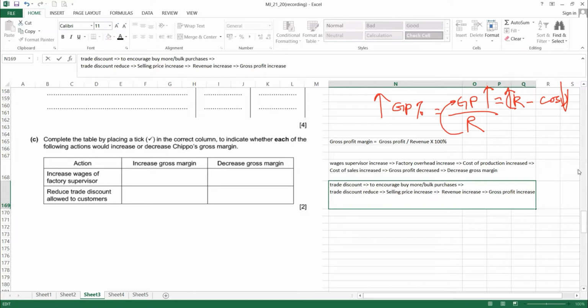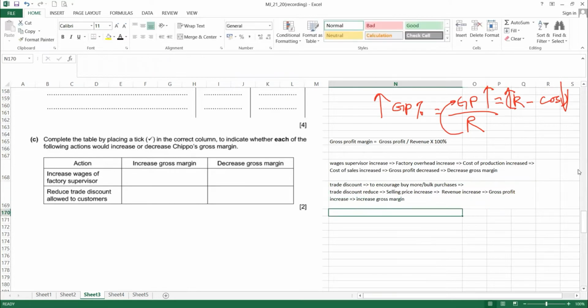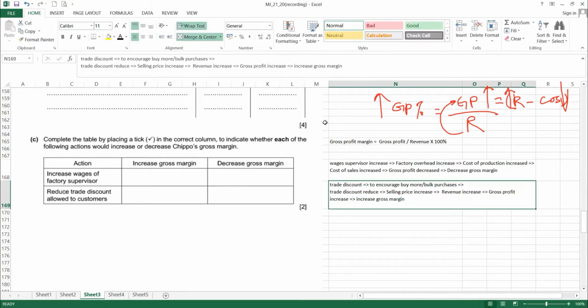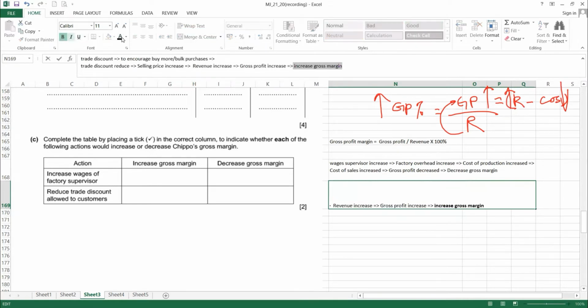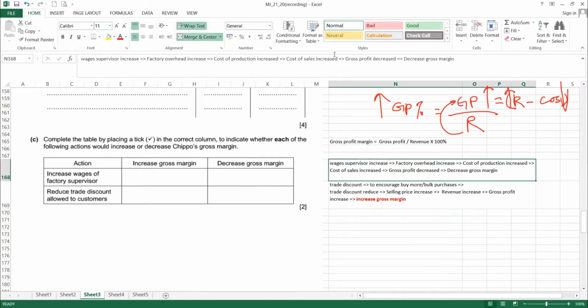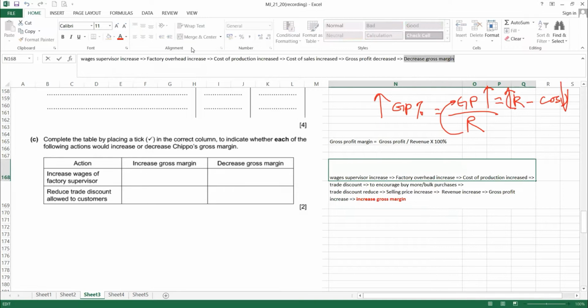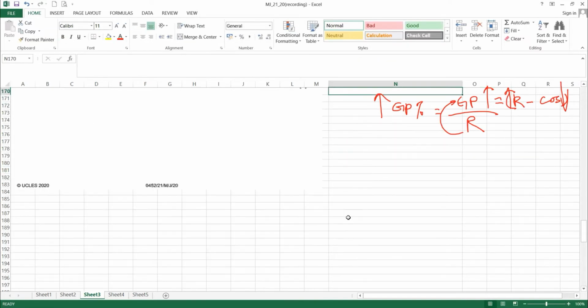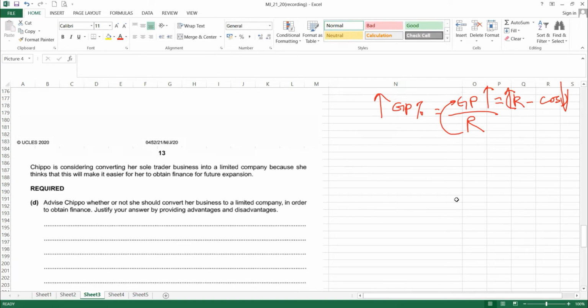Gross profit increases, so gross margin increases. So there is the effect for the C. These two effects. Okay, here increase gross profit margin. This one decrease gross profit margin. Okay, next, let's see what else the question.